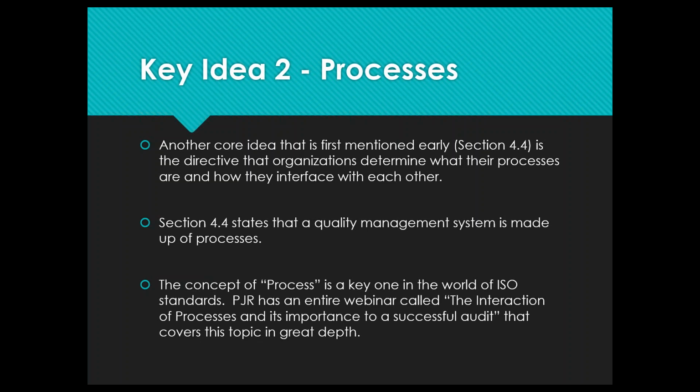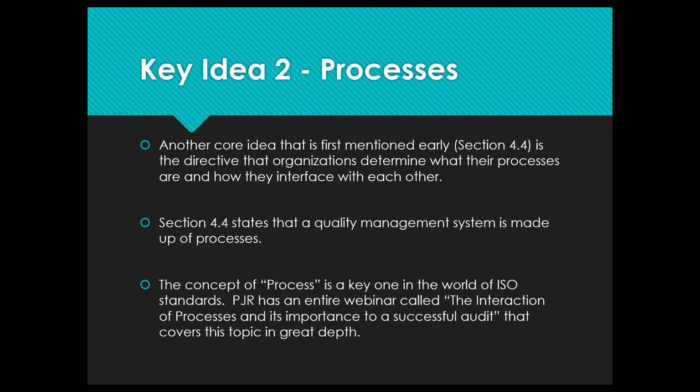Let's move on to our next key idea. The next key idea is processes. This is another item that comes up relatively early in the standard, section 4.4. And the idea here is that you as an organization, you need to determine what your processes are and how they interface with each other.